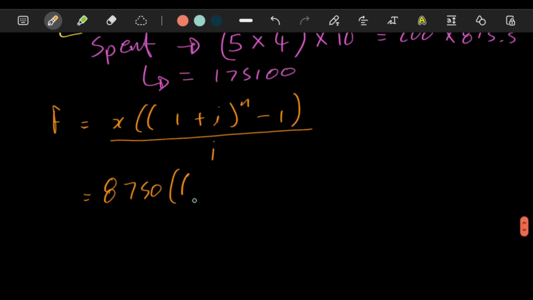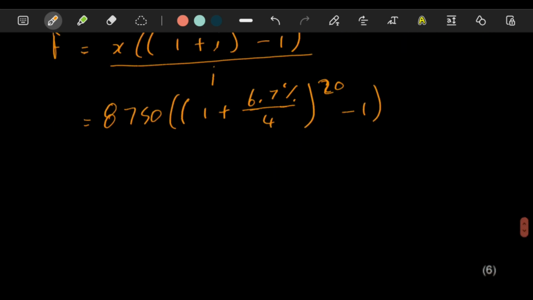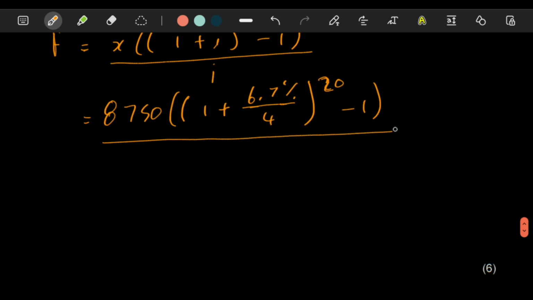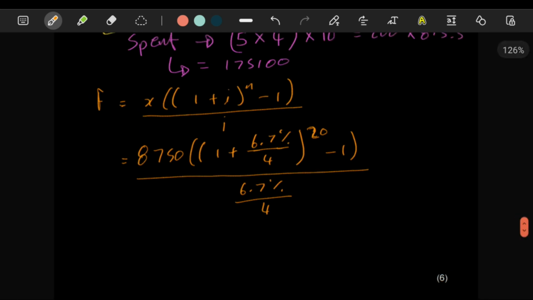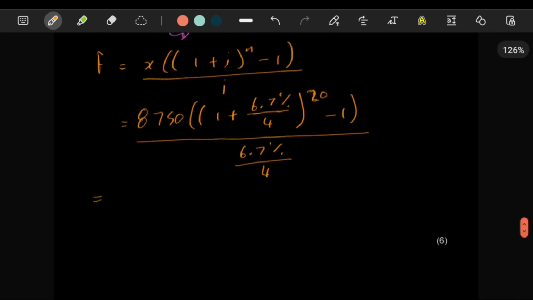And then the interest, they said it is 6% per annum compounded quarterly. And we know it's over 5 years quarterly, so it's like 5 times 4, which is 20. And then interest rate is just 6.7% quarterly. So let's see what this gives us in the calculator. Let's see how much her money has accumulated to.